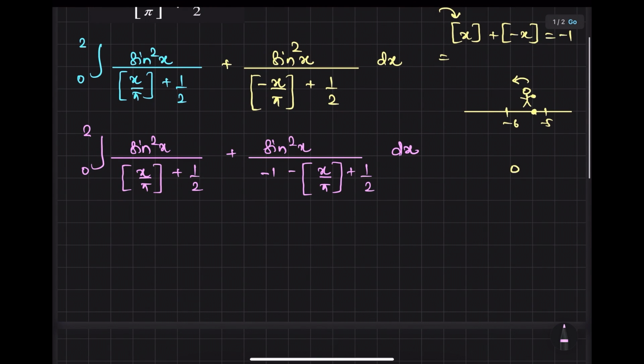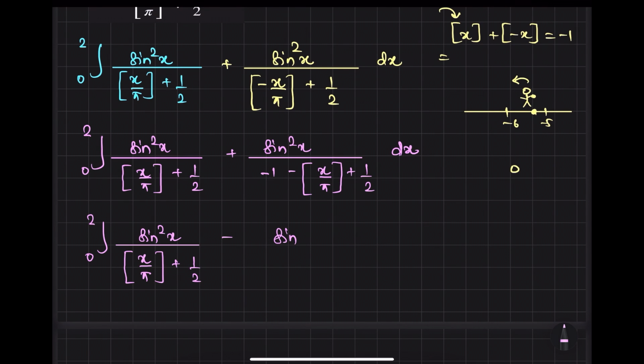So what will happen? Just observe. The integral from 0 to 2 of sine square x upon box of x by pi plus 1 by 2. I'll take minus common from the denominator.